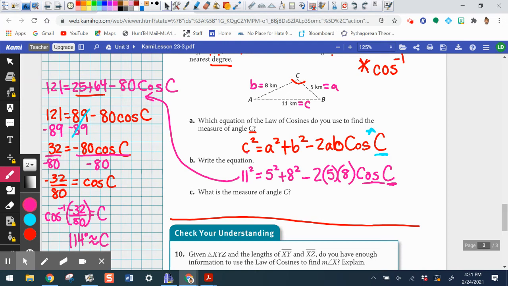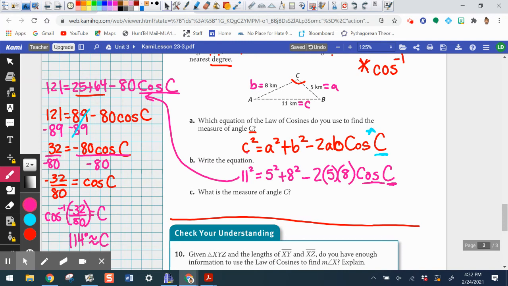Should make sense there. Times the cosine of C. So your first task after you simplify these square terms and even this multiplication is now get the cosine of C by itself. And we'll rehash how to find the measure of angle C once we get the cosine of C by itself. So I'm going to combine 25 and 64 to get 89.